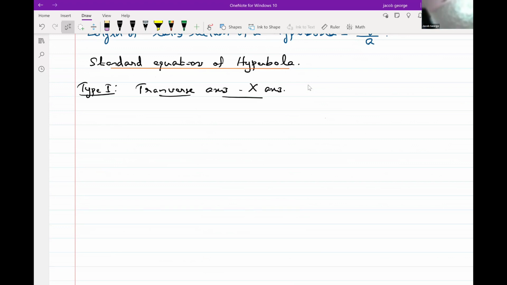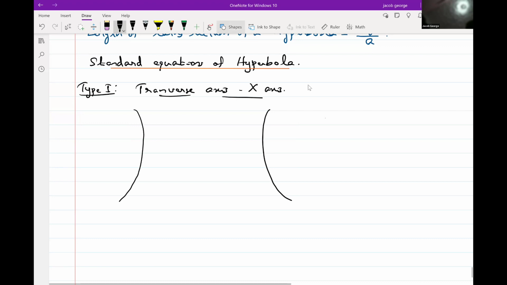Now see the first type. If the transverse axis of the hyperbola is the x-axis, we draw the diagram. Again, a similar diagram: a combination of two curves, first curve and second curve. Then the transverse axis. This is the x-axis.